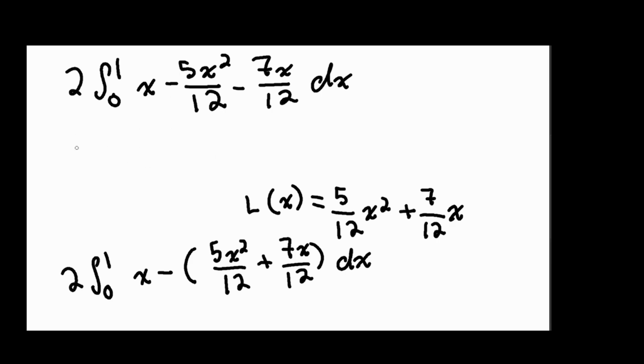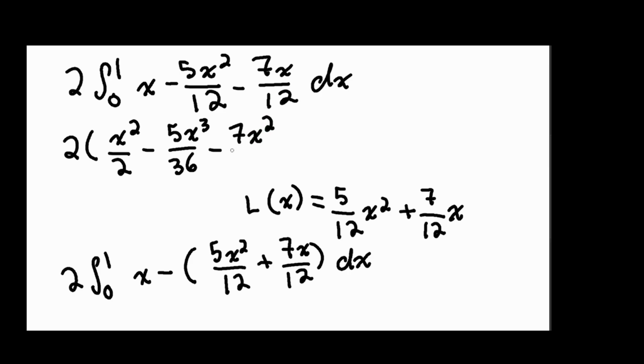And so we would get 2 times x squared over 2 minus the integral of, it would be 5x cubed over 12 times 3 equals 36, minus 7x squared, 2 times 12 equals 24, from 0 to 1.